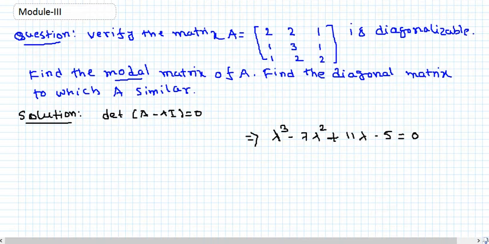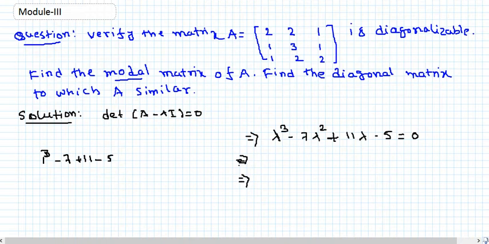There is no very special way to solve this type of equation, so I have to use basically a trial and error method. If I put lambda equals to 1, what do we get? 1 cube is 1, minus 7, plus 11, minus 5.